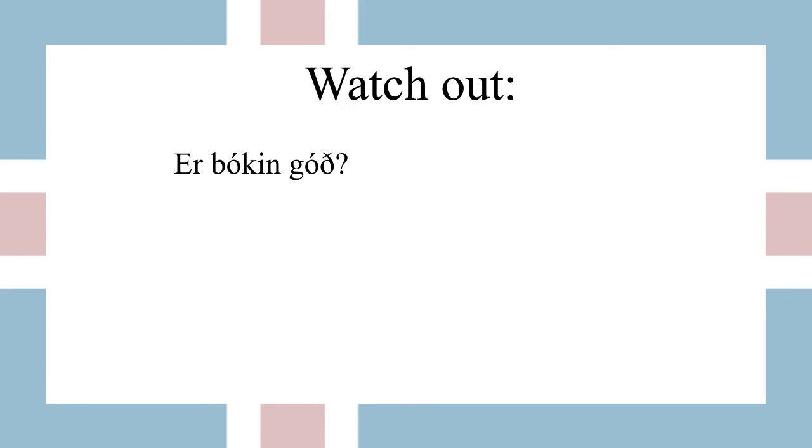Now, in this sentence, we have inversion because it's a question. This means, is the book good? So here we see that the adjective is actually right next to the noun that it's describing, but we're still going to use the strong form because this is still technically predicative position, because we have the verb. Even though it's not between them, it's still connecting them.